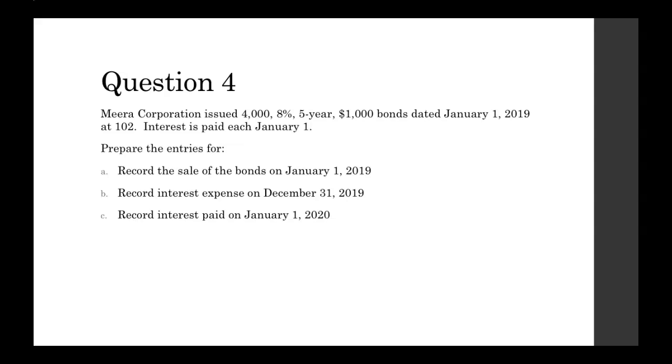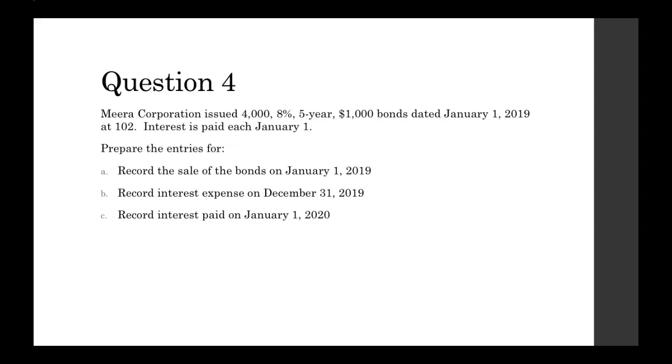Then we have the 8%. The 8% is an interest rate. So whenever a company issues bonds, they then will have to pay interest. And in this case, it's an annual interest on January 1st. So that's going to be 8% interest each year.